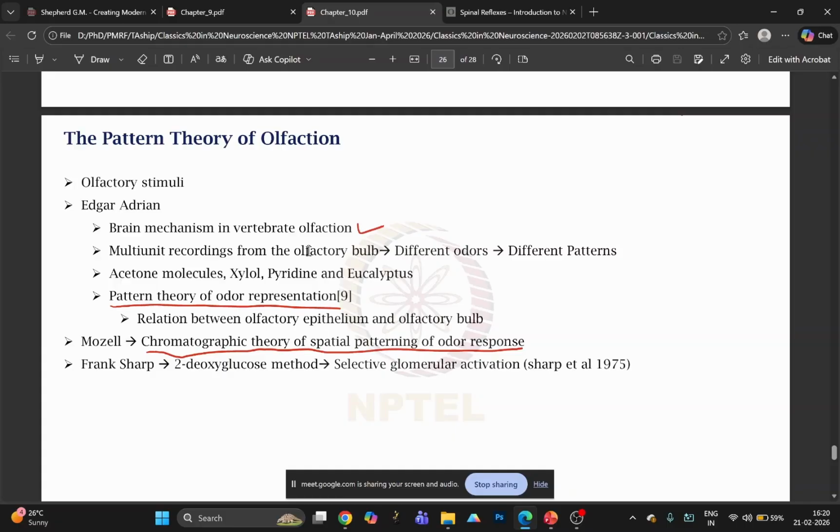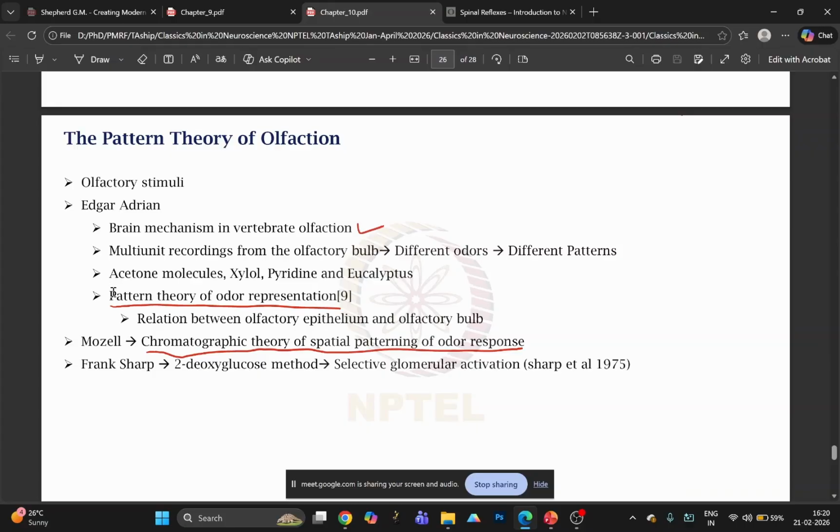Basically, he was trying to say that different odors activate the olfactory bulb in different patterns, and that might be how the odor is getting recognized.